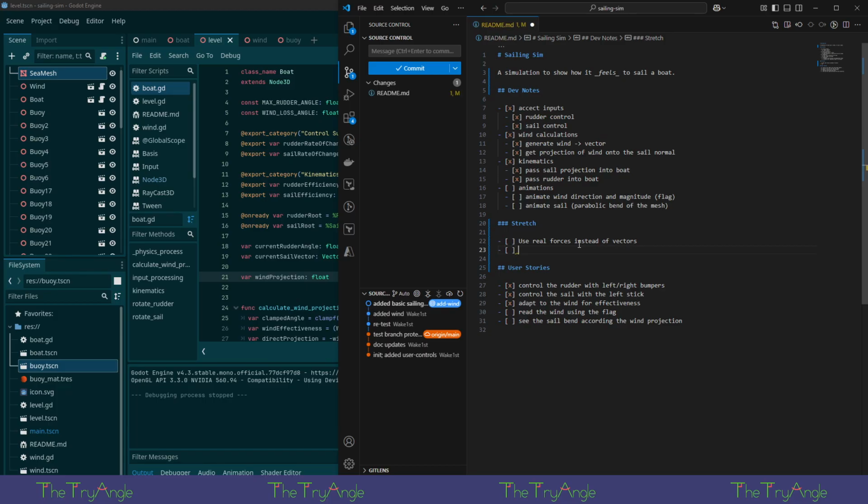Well, no, it'll be a vector, but instead of velocities, because I feel like that's really what I'm just doing the whole time. Use real forces instead of velocities. I also want to, let me think here.